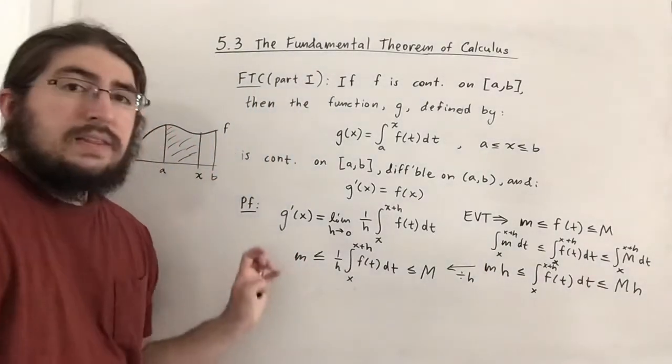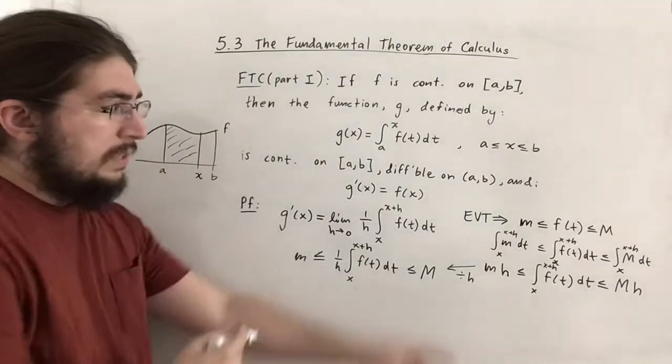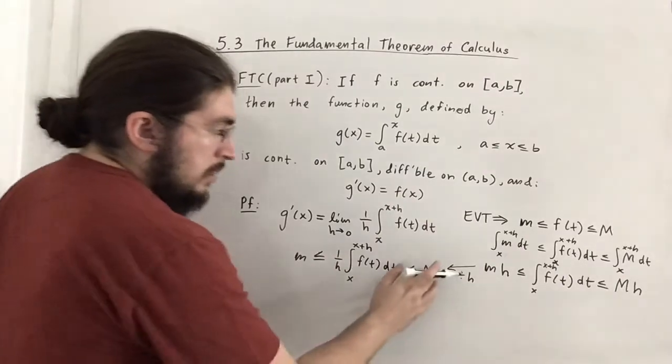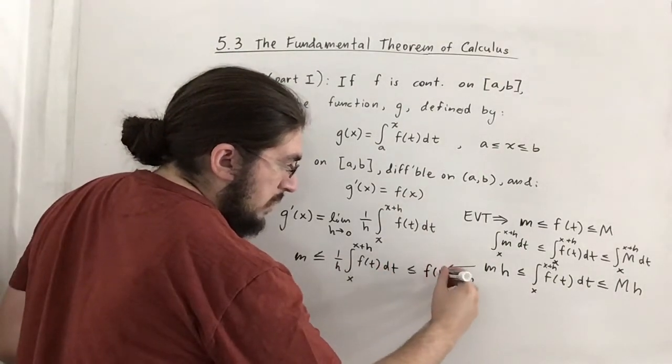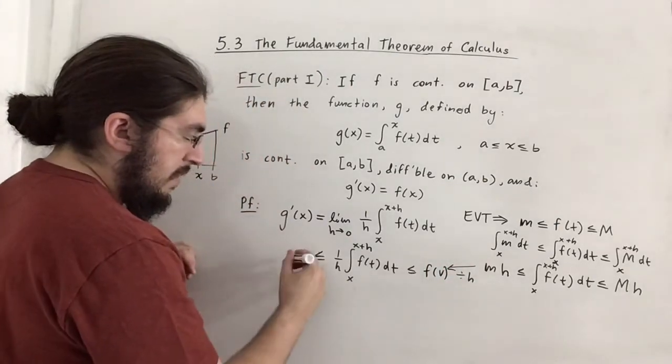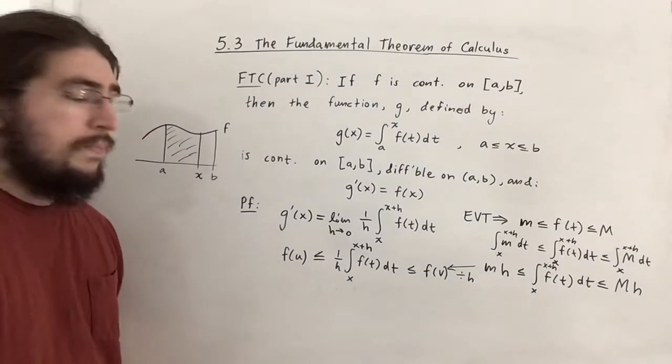And the fact that these are points on the function, again by extreme value theorem. So in other words, there exists a value v such that f of v is capital M, and a value u such that lowercase m is f of u.